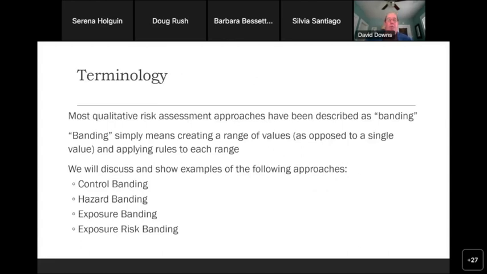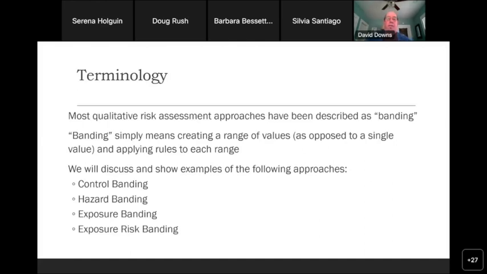Banding basically means that instead of looking at a specific value like a PEL or a TLV for a particular chemical, we may create a range of values as opposed to that single value and apply rules to the range of values rather than the specific value itself.